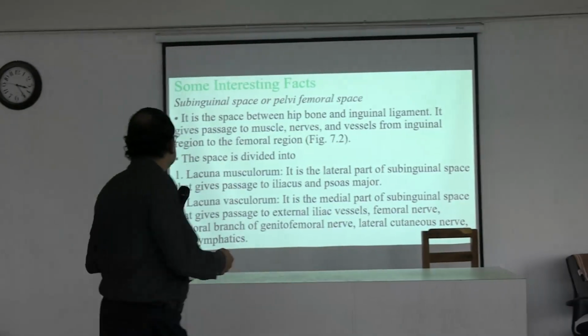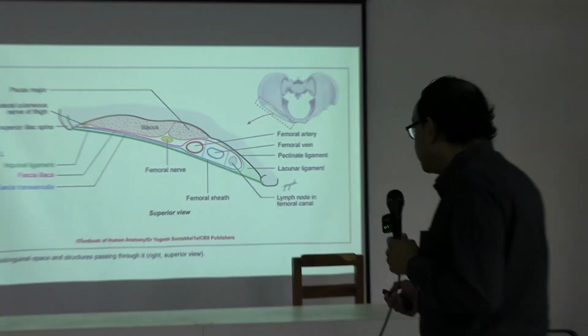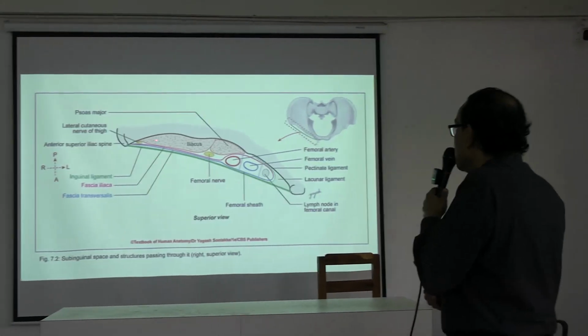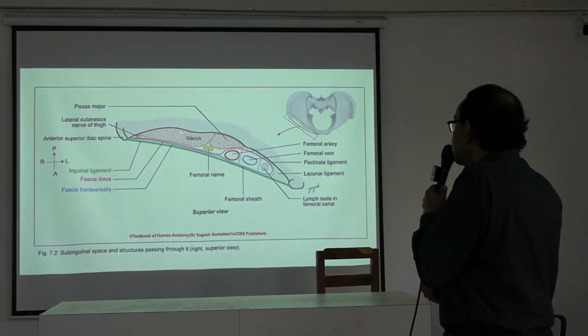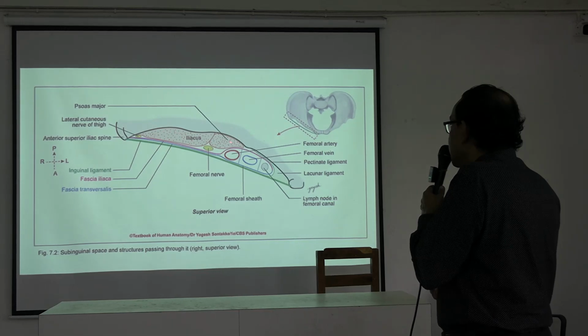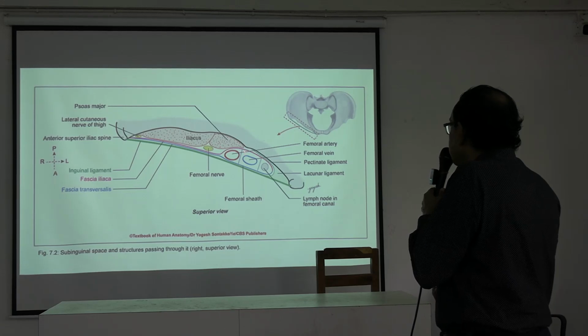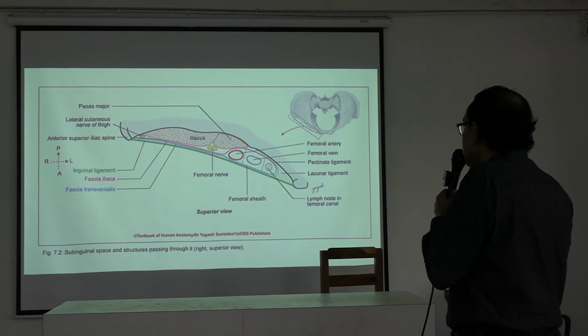You can see from lateral to medial, we can see one muscle laterally, that is iliacus, one is psoas major, and medially we are getting the vessels.